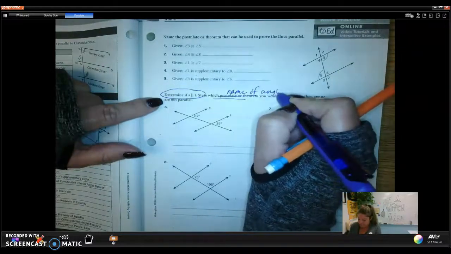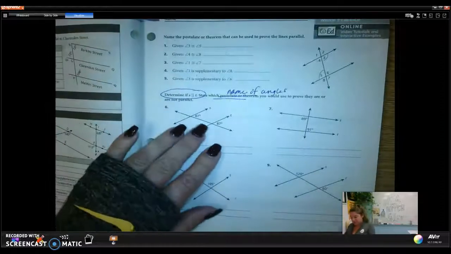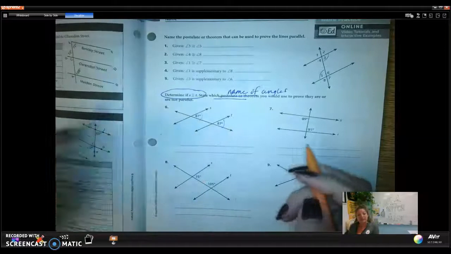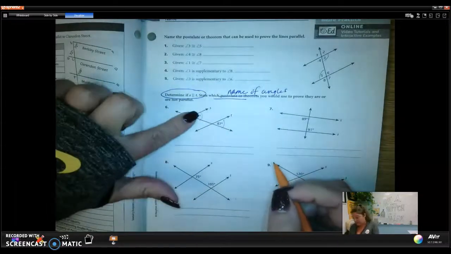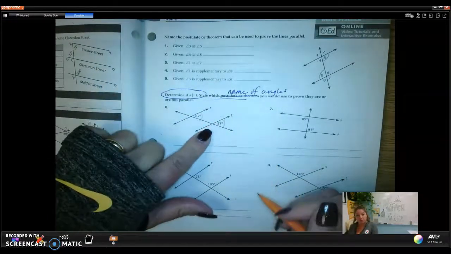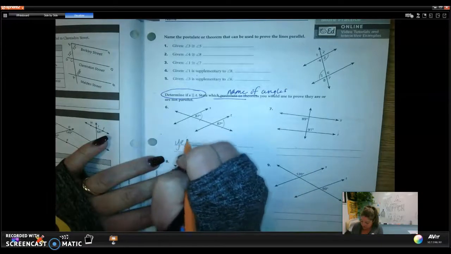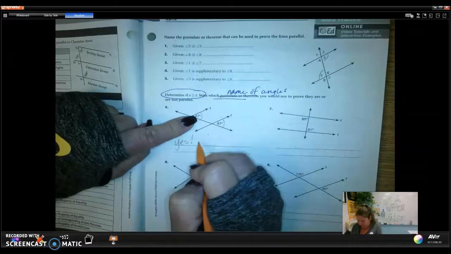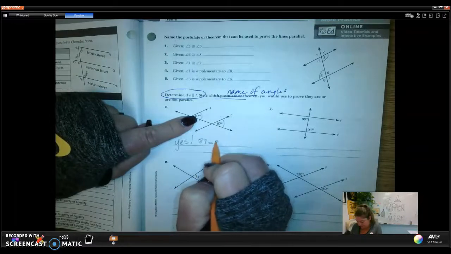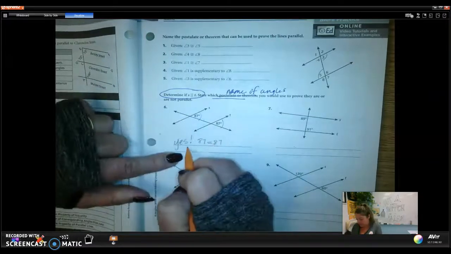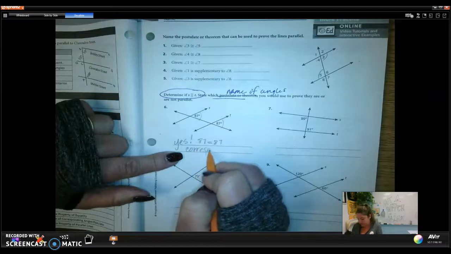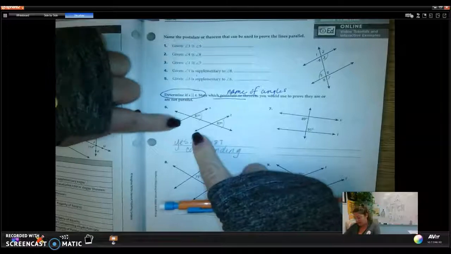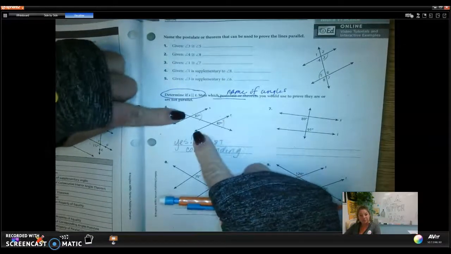If you take a look at number 6, for example, 87 and 87 are equal to each other. This, if I could put it on top of that, would be corresponding. So yes, because these two numbers equal each other, 87 equals 87, and they are corresponding, yes, these two lines are parallel.